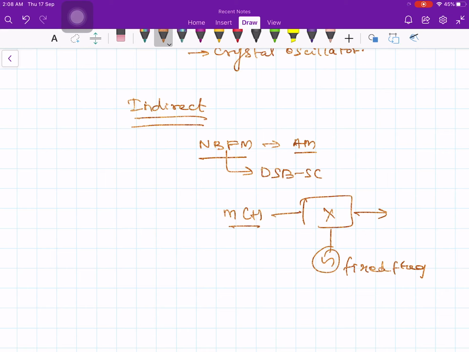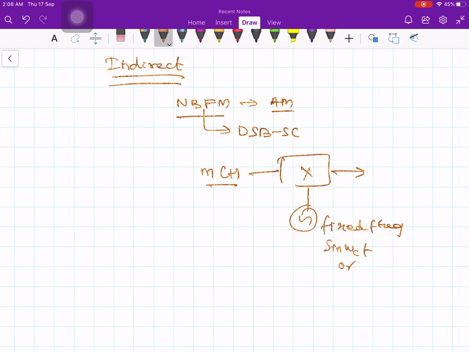Therefore, m of t is multiplied by your fixed frequency oscillator. So no direct variation of frequency is required in this case. The local oscillator producing sin omega ct or cos omega ct can come from a highly stable oscillator, for example the quartz crystal oscillator.